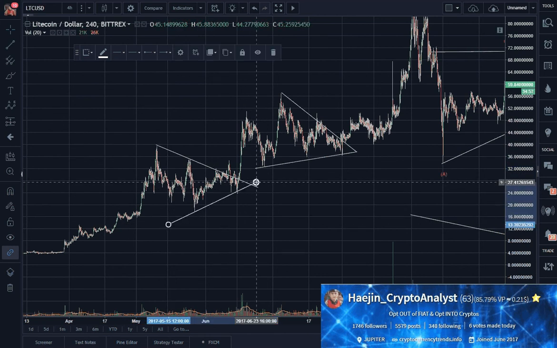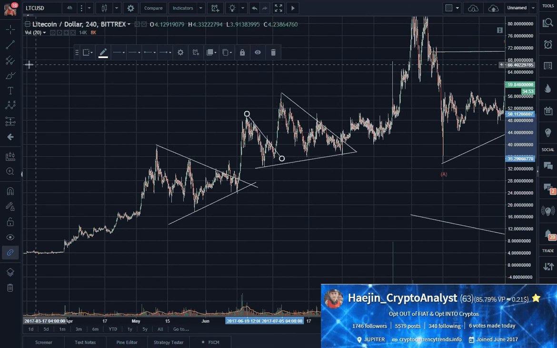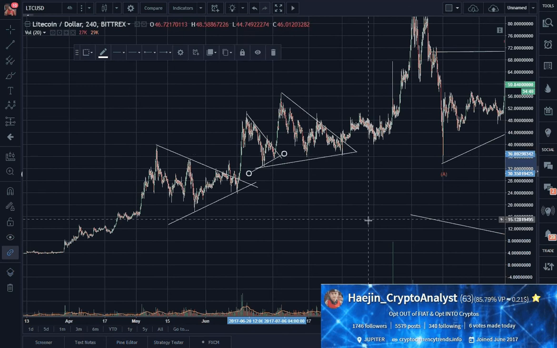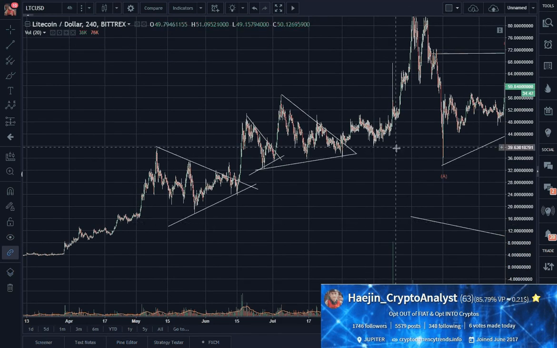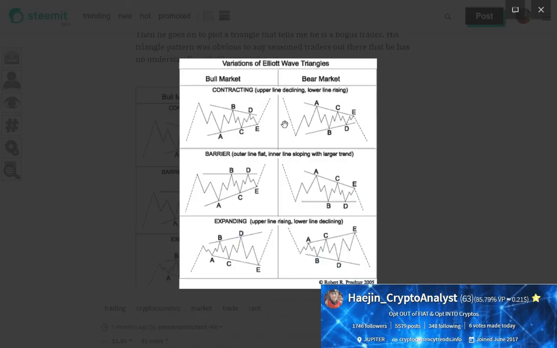Because they're so similar in shape, you can look for the fractals. But not every one of them will count as ABCDE. That's what I'm trying to say. Not every triangle will follow ABCDE. This is just when you're trying to combine Elliott waves with it.